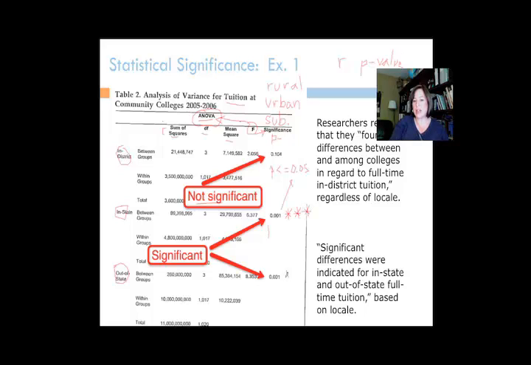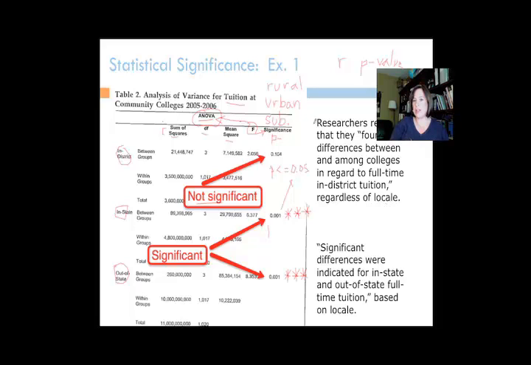Same thing with the out-of-state tuition. And so what you see on the right-hand side here is how the researchers have, in the text, reported out their results. This is right from the text of the journal article. Researchers reported that they found no differences between and among colleges in regard to full-time in-district tuition, regardless of locale.